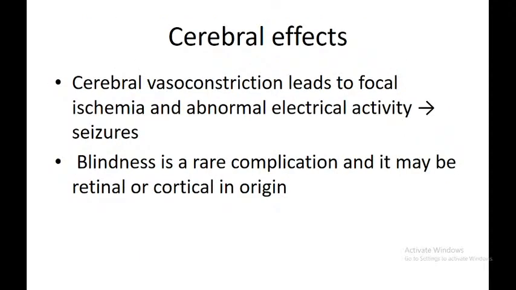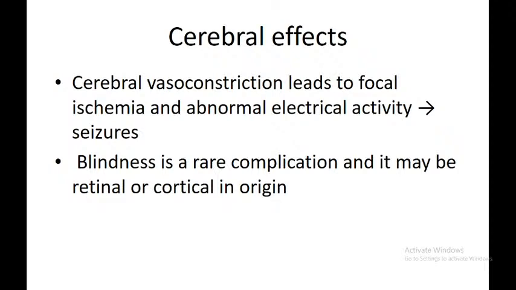So coming to the cerebral effects. Why do we see various manifestations in the central nervous system? Why do we see eclampsia or stroke? The thing is, there is cerebral vasoconstriction, which leads to focal ischemia and abnormal electrical activity.